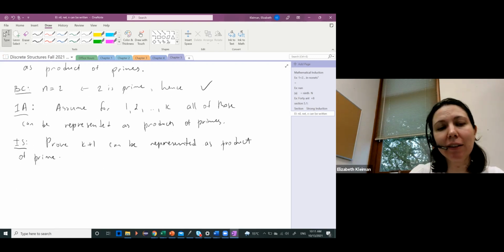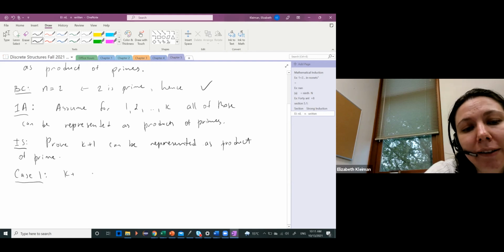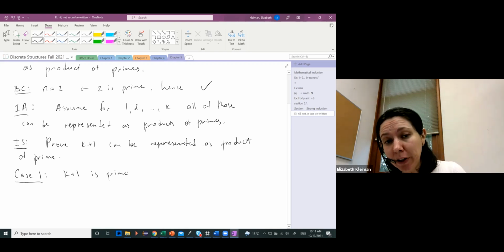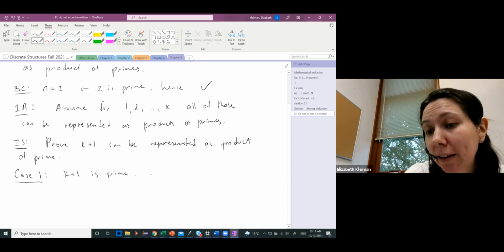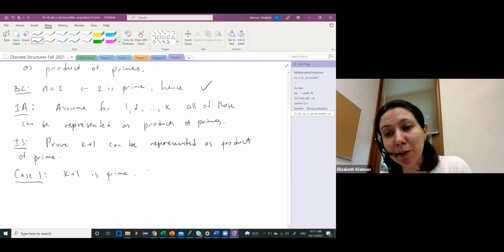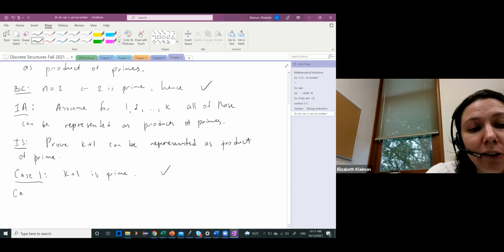Okay, so case 1, k plus 1 is prime. Because k plus 1 can be a prime number, correct? We arbitrarily pick k, so k plus 1 can be prime, correct? If k plus 1 is prime, we're done, correct? Because it's just a prime number, correct? So, yay.